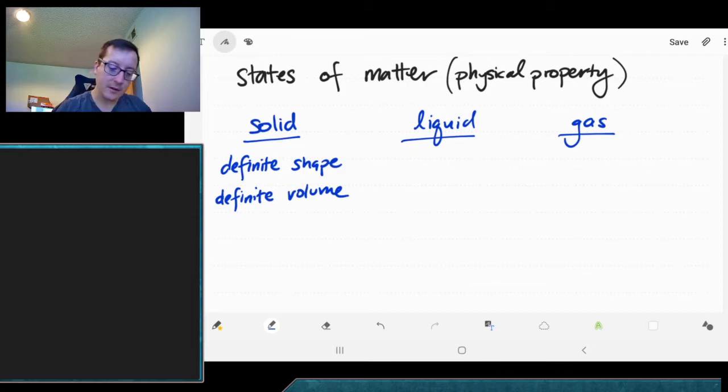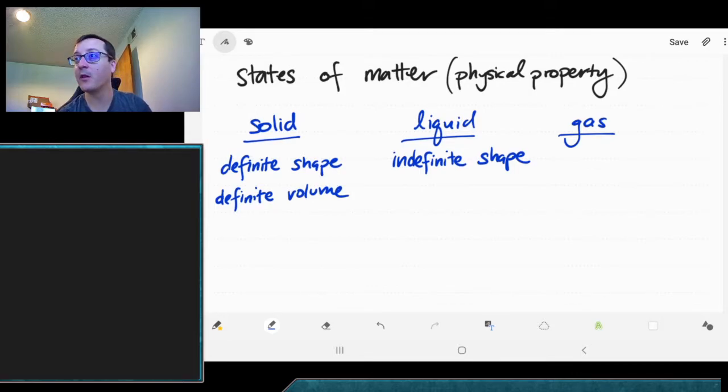A liquid, by contrast, will have an indefinite shape. That means its shape will change depending on its local environment. And this is one thing you can do if you have small children: you can mess with them with the next property that we're going to talk about, which is the definite volume.